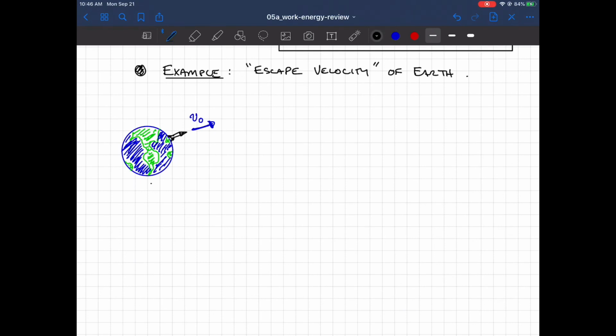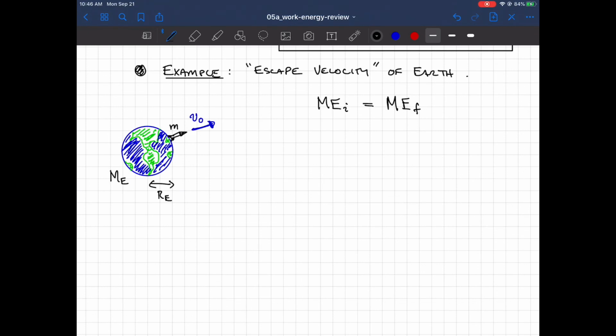And the way that you answer this problem is you just do a conservation of energy problem. So there's some radius of the Earth, there's some mass of the rocket, there's some mass of the Earth, and since the only force involved here is gravity, which is a conservative force, you can say, well, if I have an initial mechanical energy, then that should be equal to mechanical energy final.